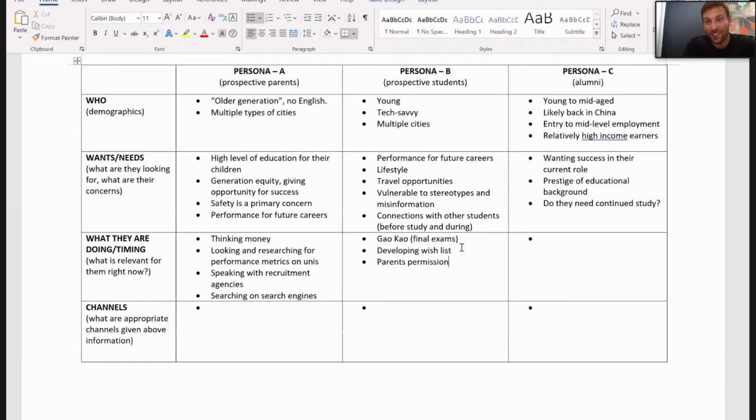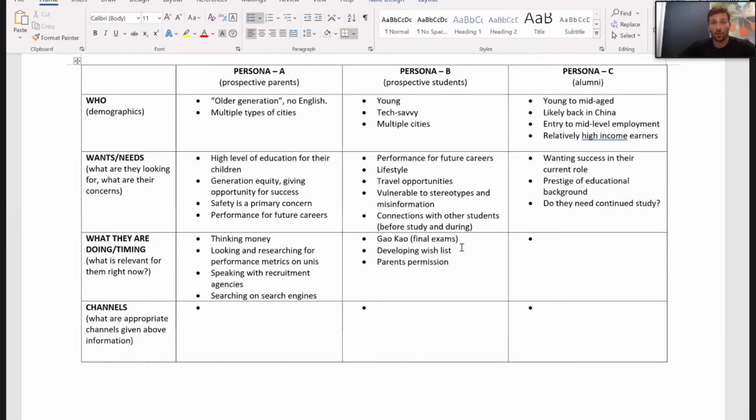Parents' permission. I can't stress that one enough. Doesn't matter how good the wish list is, if the parents don't want them to go there, that's generally what's going to happen. So we're getting into, I guess, a short list of maybe where they want to go, and knowing that they're going to need to seek out parental approval.